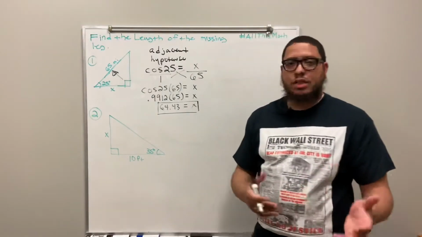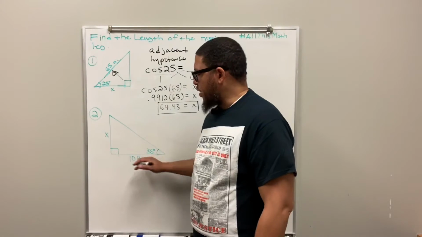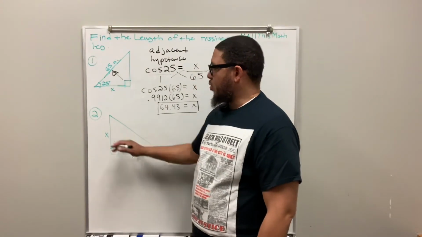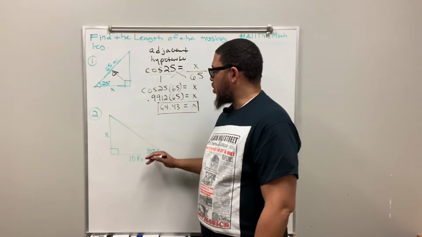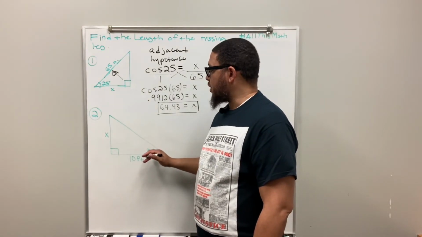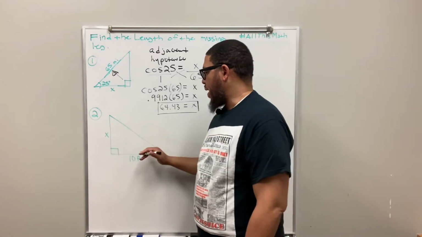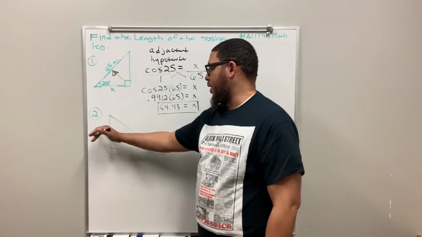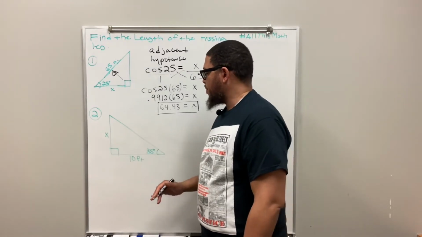So then I look at it and I see, okay, what information do I know? I know the length of this side right here. It's 10 feet. And I don't know the length of this side, and this is what I need to find out. So I don't know the side that is opposite the 35-degree angle, opposite meaning across from it, right?